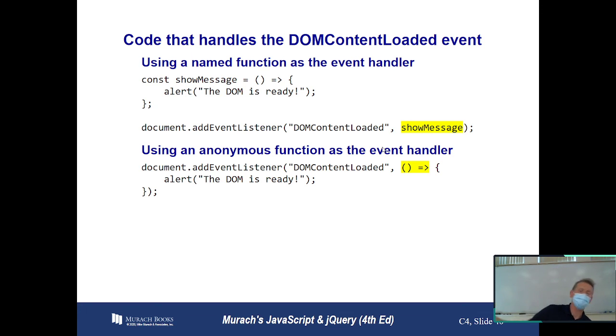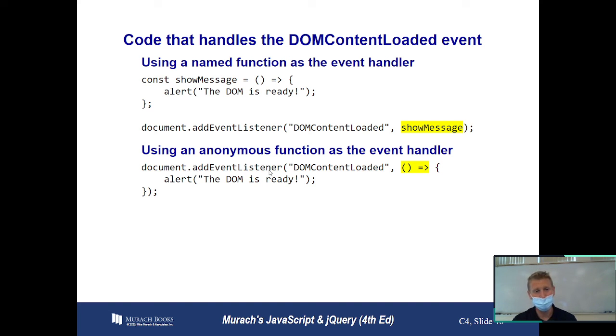Functions without a name are just called anonymous functions. An anonymous function is just a block of code that doesn't have a name. If you didn't need to create this function like they did here with this arrow function, you could just run an anonymous method as soon as this event happens, you run this code.